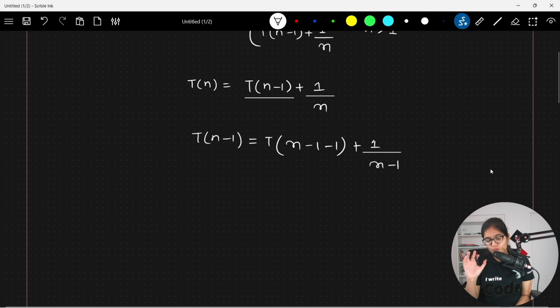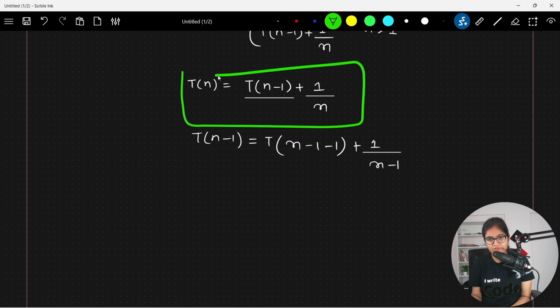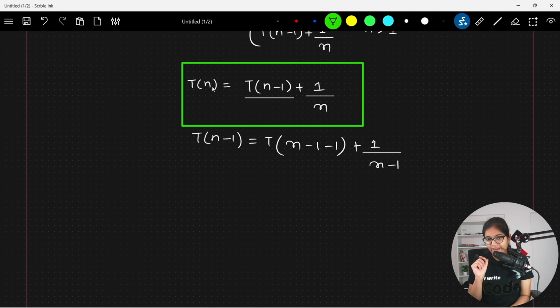Here, I am just trying to understand the above pattern given in my question, which holds when the value of n is greater than 1, and instead of writing n, I am writing n minus 1 everywhere. I hope it's quite clear to everyone, right?